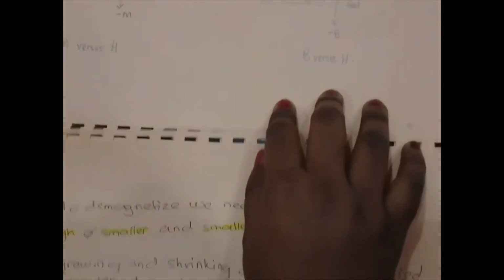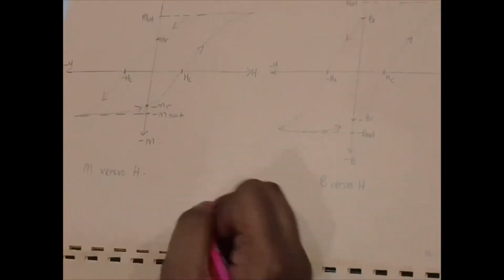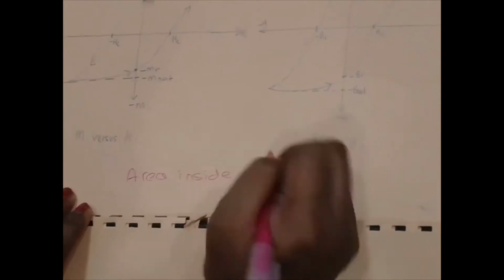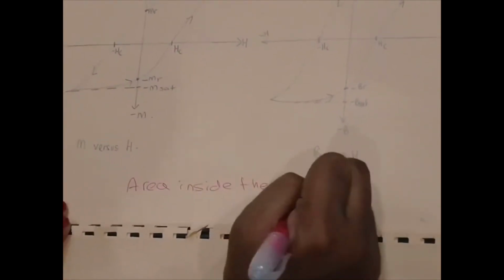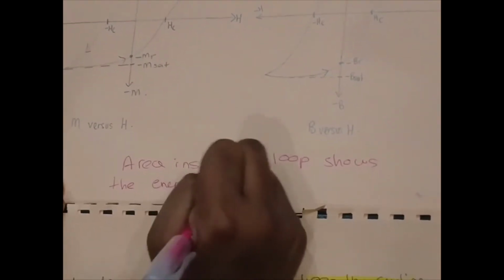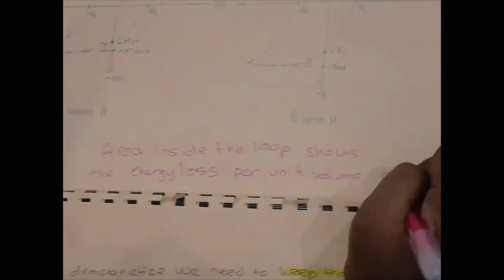For your information, the area inside the hysteresis loop shows the energy loss per unit volume per cycle.